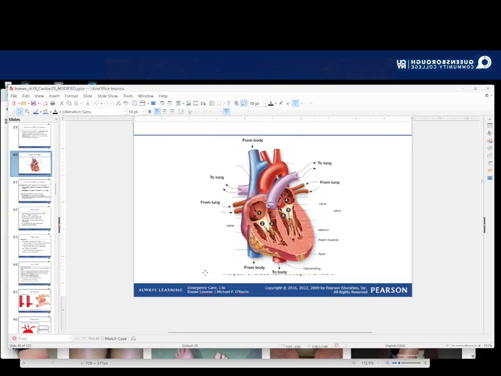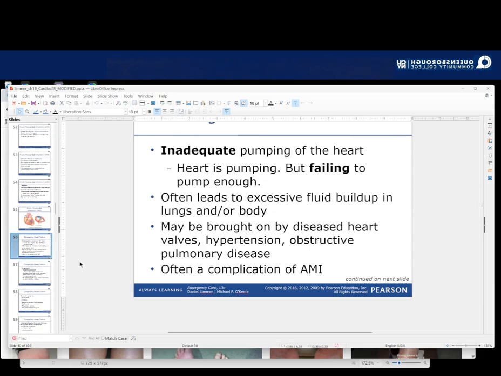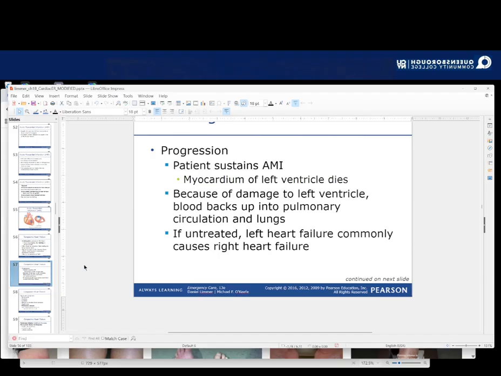Just like we have swelling in the legs from congestion on the right side of the heart, we have swelling in the lungs from congestion on the left side of the heart. And instead of pedal edema, foot edema, we have pulmonary edema, another symptom of congestive heart failure.